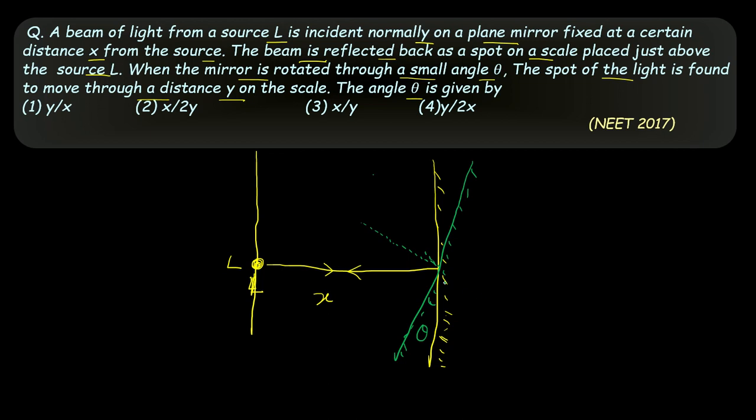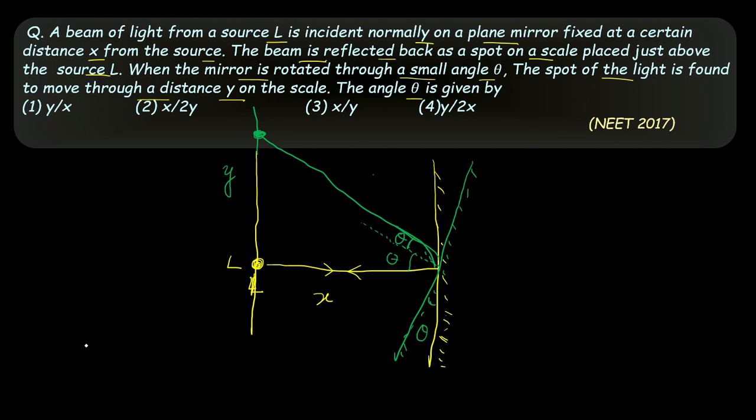So this will be the normal. Now the ray of light will fall at an angle of theta only, because the normal has shifted by an angle theta, and the reflected light will move along this direction and strike the scale on this particular spot. This angle is also equal to theta, and the distance between the new spot and the source is given to be y.